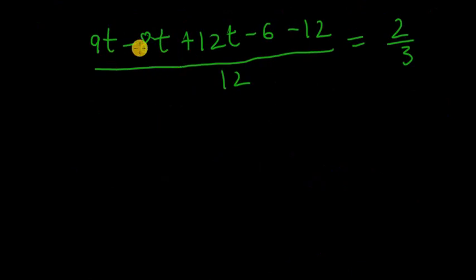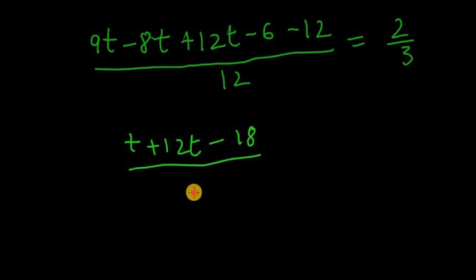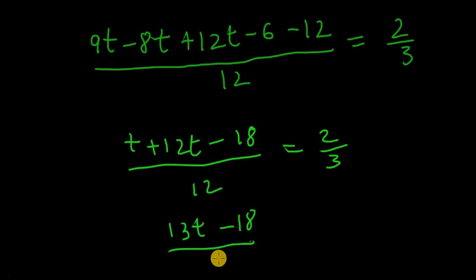So how can we solve this now? 9t minus 8t is t. So t plus 12t, and minus 6 and minus 12 becomes minus 18, divided by 12 equal to 2 by 3. So now we get 13t minus 18 divided by 12 equals 2 by 3.